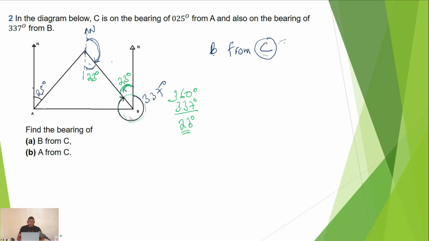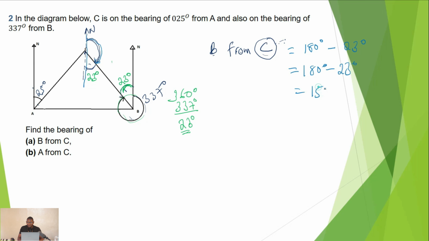Then for you to find now the angle that they're asking you here, it simply means that you have to subtract from 180, because we understand that this is a straight line. So we're going to have 180 minus 23.